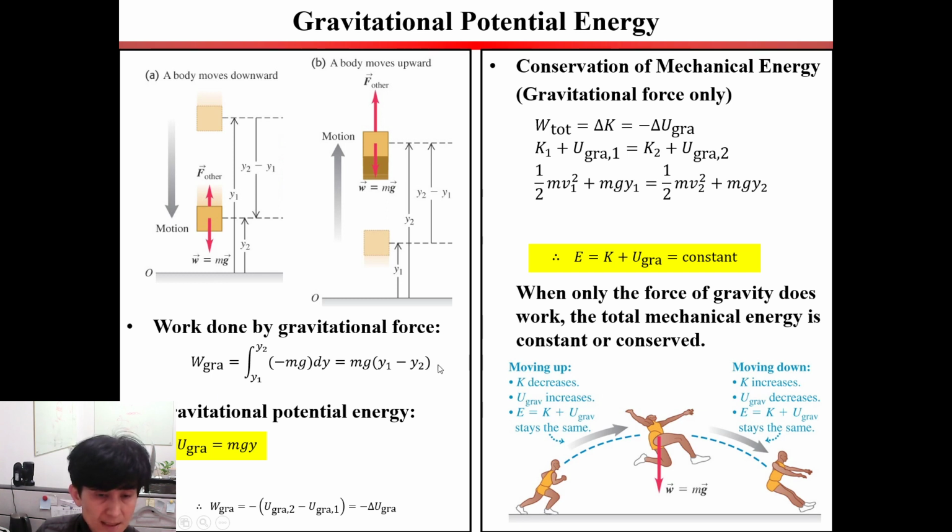The work is minus mgy, so U becomes mgy instead of minus mgy. So this is what it is. Work done by the gravitational force is the opposite of the potential energy.